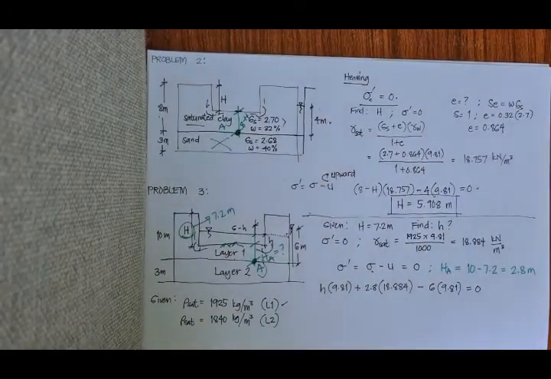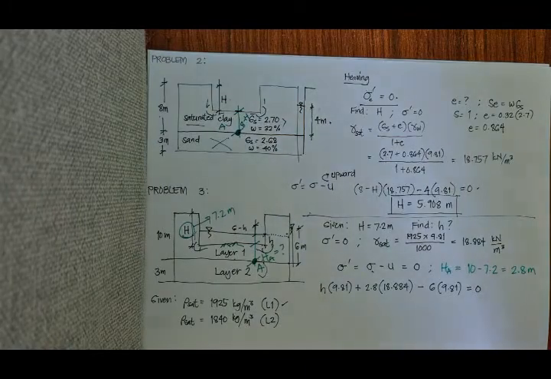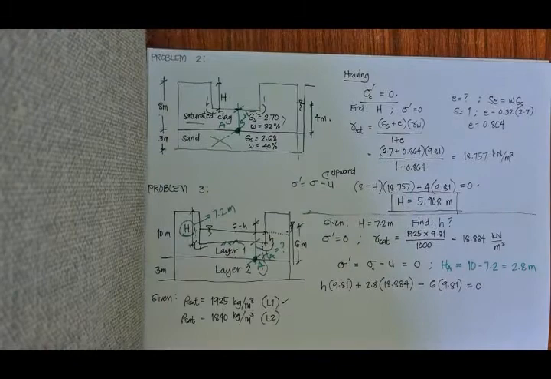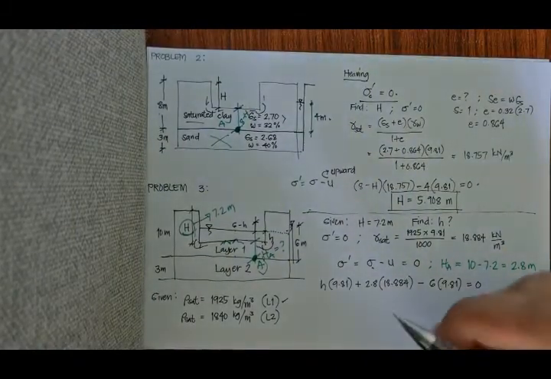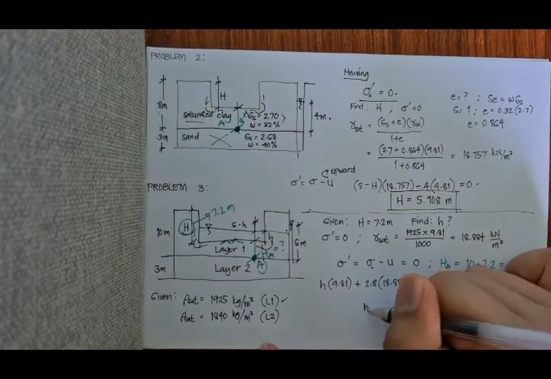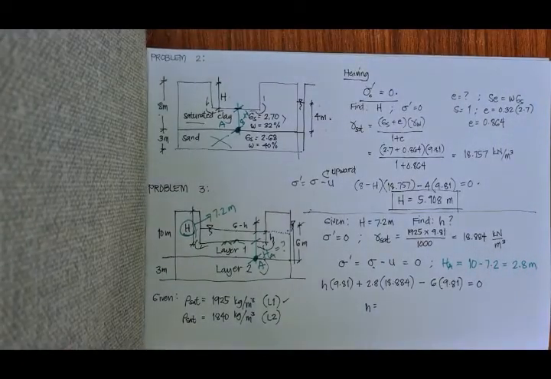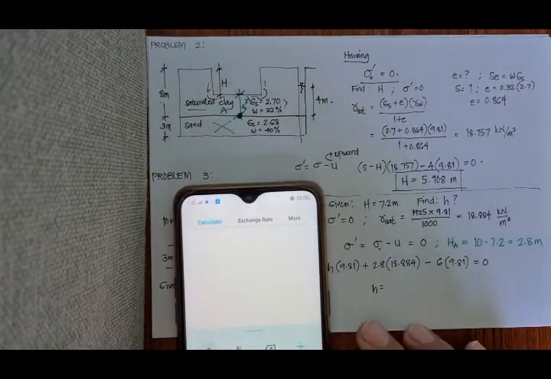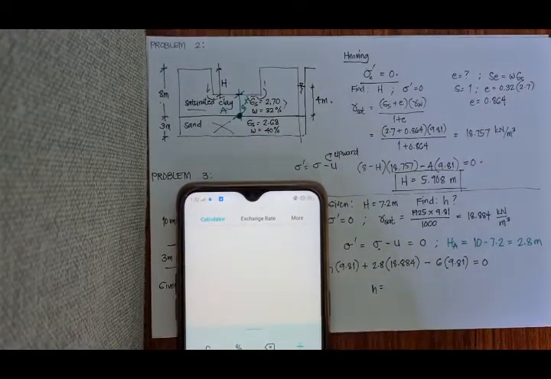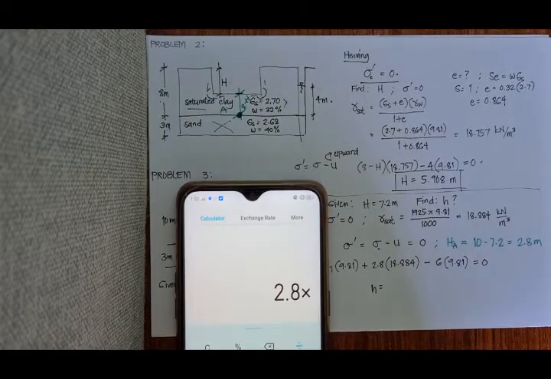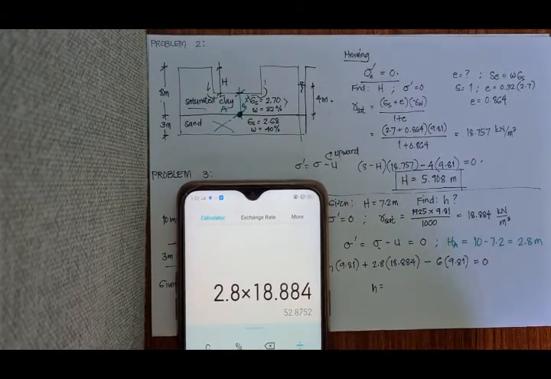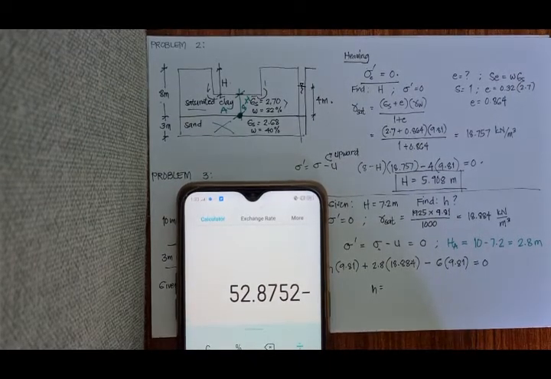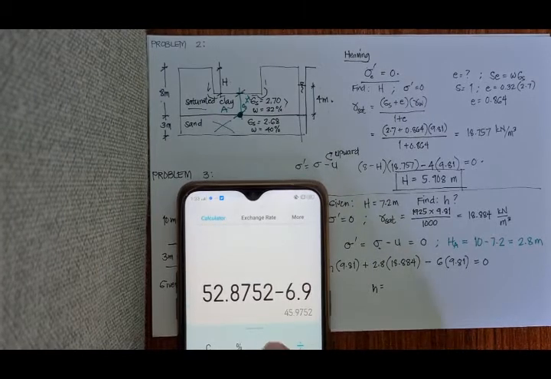Pwede na natin ngayon mahanap yung value ng H. Wherein, yung H natin can be equal to, so meron tayong 2.8 times 18.884 minus 6 times 9.81.